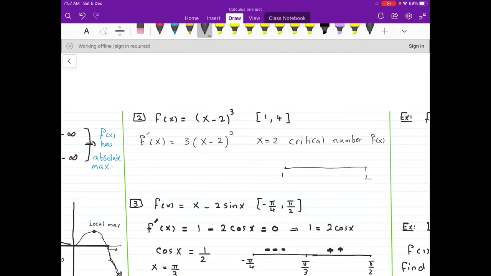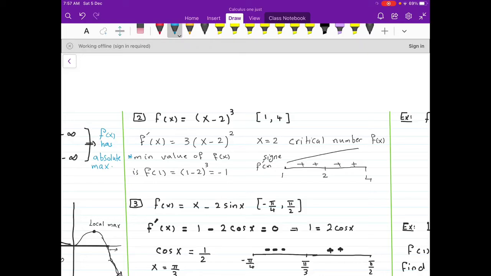Obviously the sign of f prime is always positive, so the function is increasing. So the minimum value of f(x) is f of 1, and f of 1 equals (1 minus 2) to the power 3, which equals minus 1.